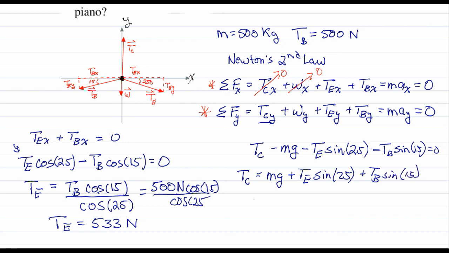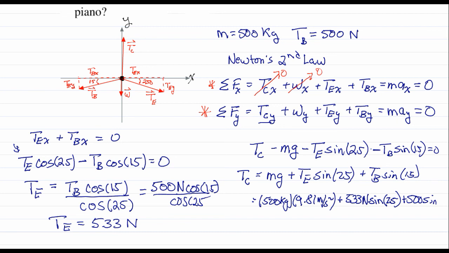And we can plug in some numbers now. The mass of the piano is 500 kilograms times 9.81 meters per second squared plus 533 newtons times sine of 25 plus 500 sine 15.